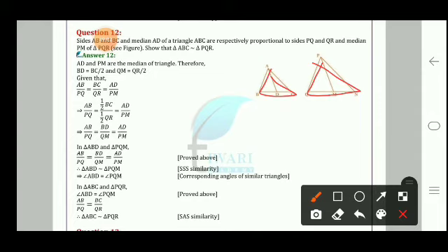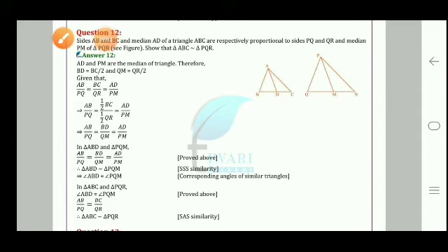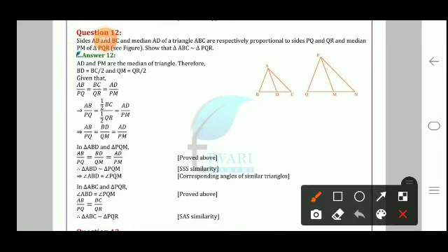So now first we write what is given to us. Given is that AD and PM are the medians. It means we have BD is equal to half of BC, and QM is equal to half of QR.